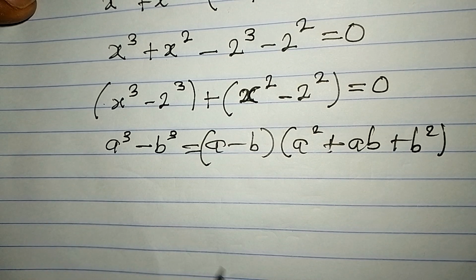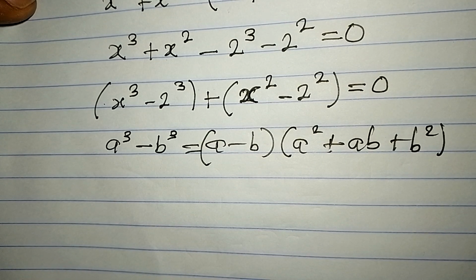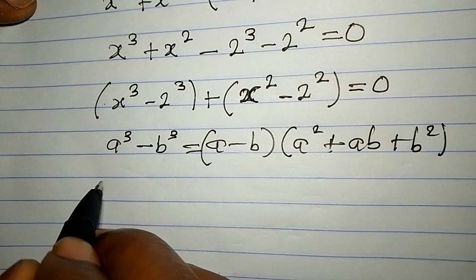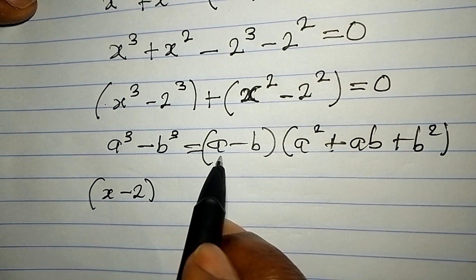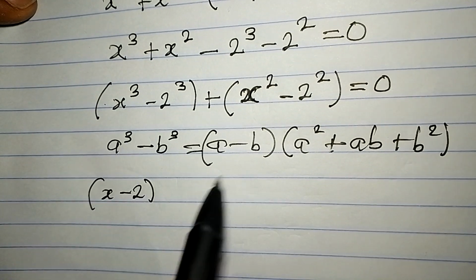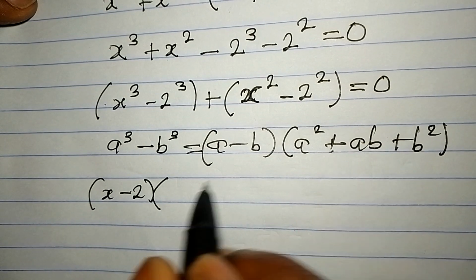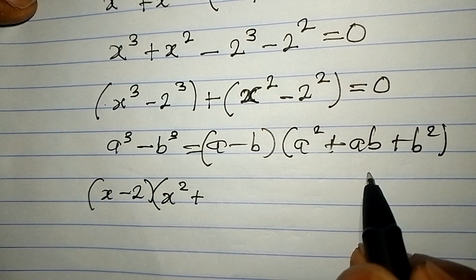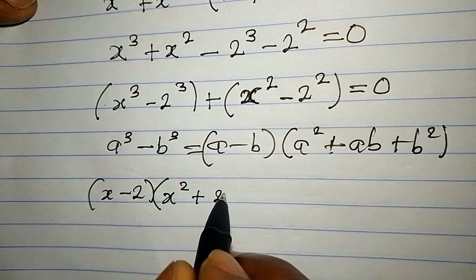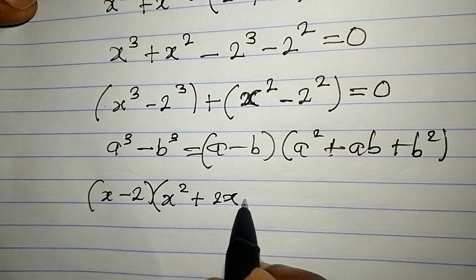And then let's put it in very quickly. So I'll be having x minus 2. That is, in place of a minus b, I write x minus 2. Then here we have x squared plus ab will be x times 2. That will be 2x, right?